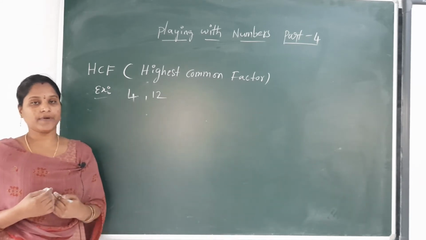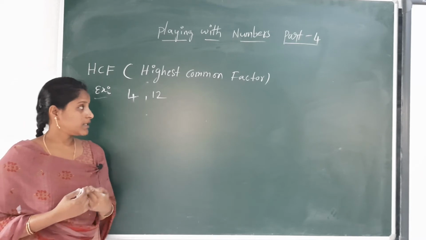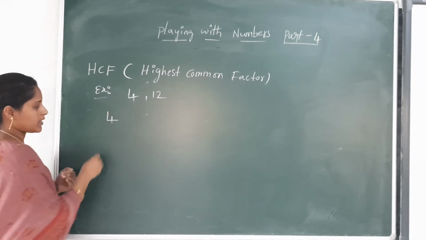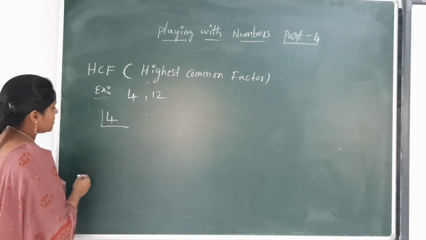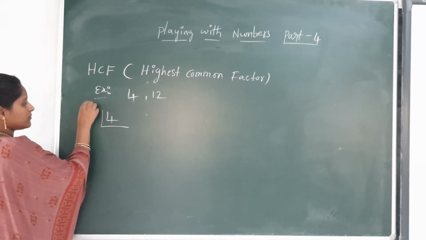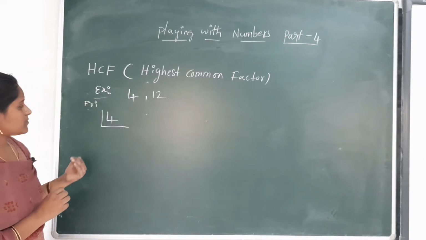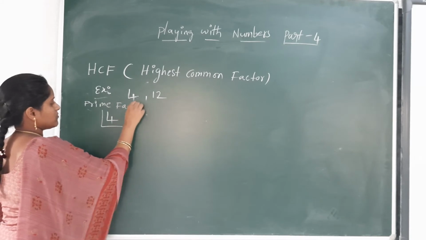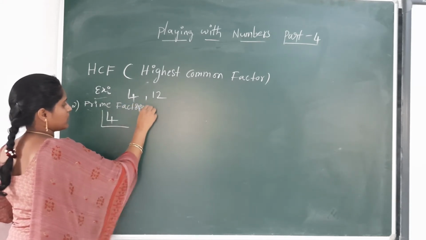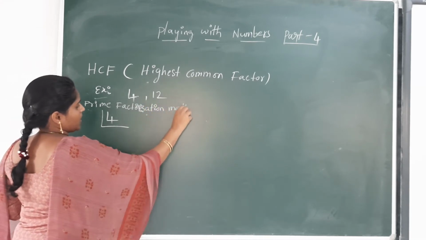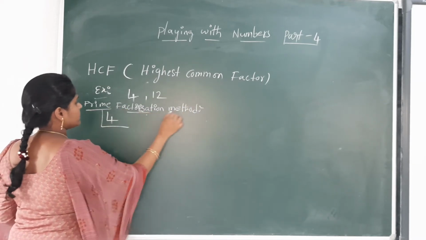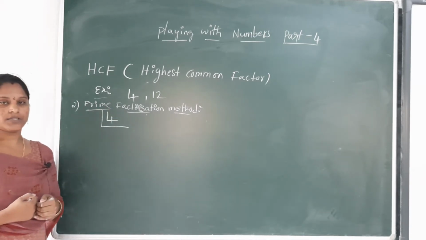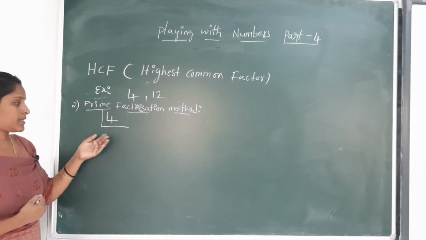We already discussed the prime factorization method in LCM, and we are discussing it in the same way for HCF. Through the prime factorization method, we use only prime numbers as factors. So we are finding HCF of 4 and 12 through this second method. First, we find the prime factors for 4.